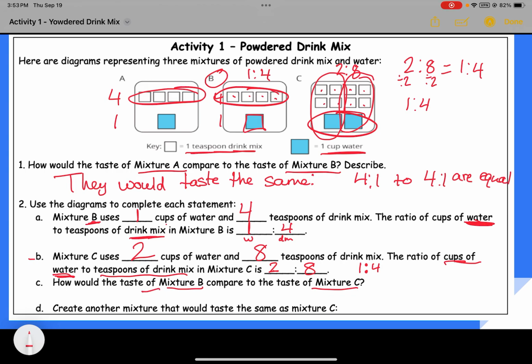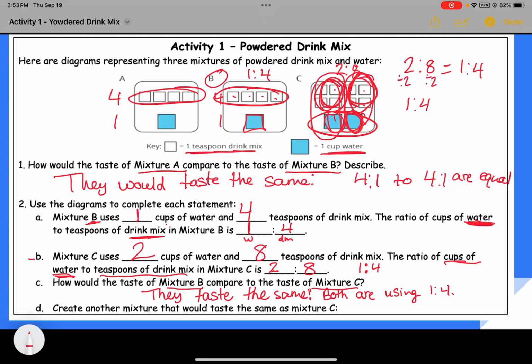So I would say they taste the same because they have an equivalent ratio. Both are using 1 to 4, 1 water to 4 teaspoons of drink mix. Mixture C is really just doubled the recipe.